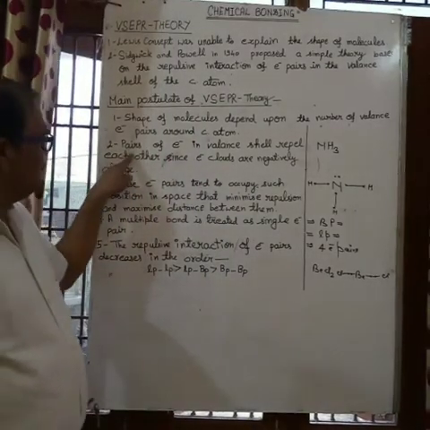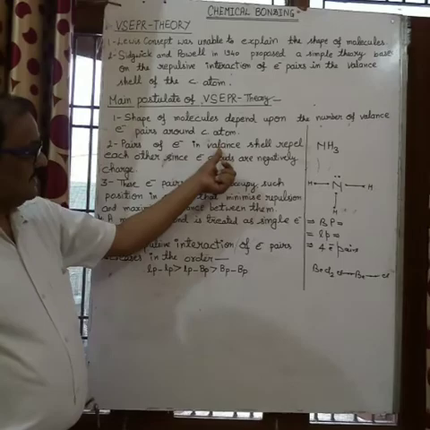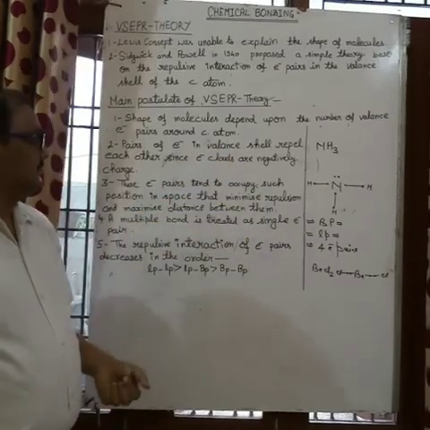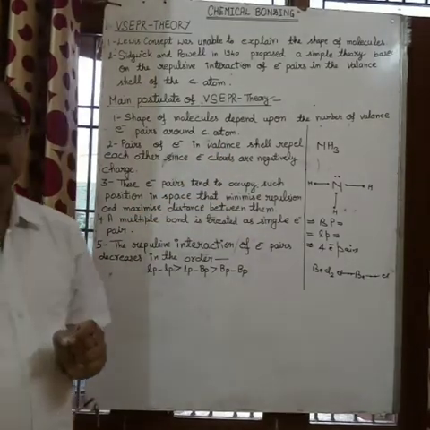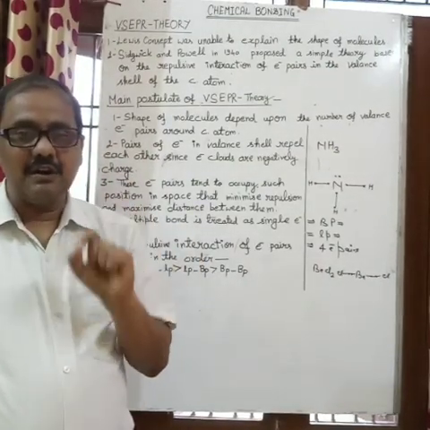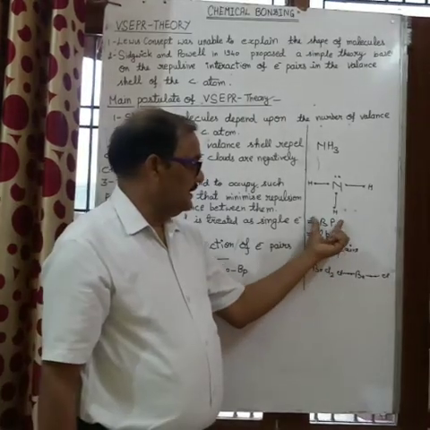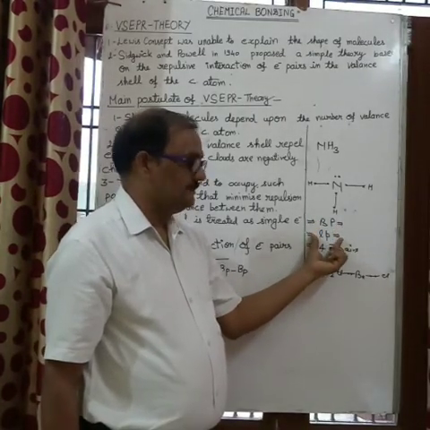And the second postulate is that pairs of electrons in the valence shell repel each other. Why do they repel each other? Because they are negatively charged. It means electron clouds, either bond pair or lone pair, repel each other.